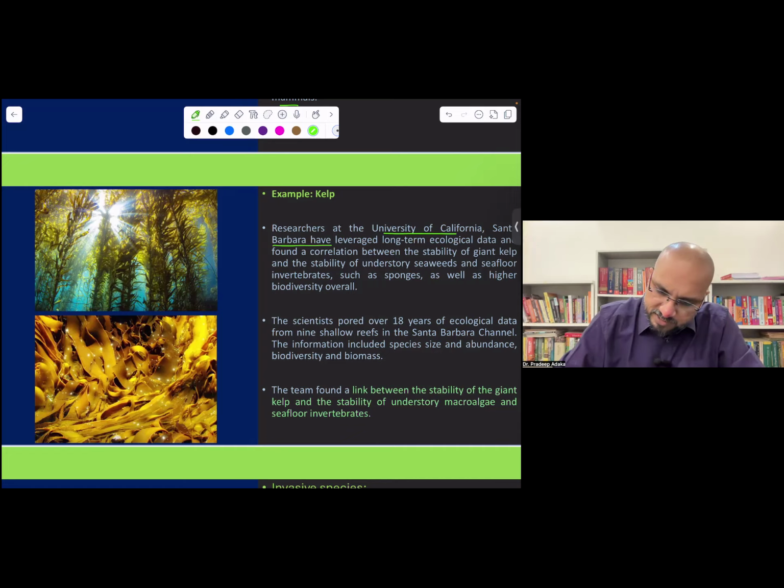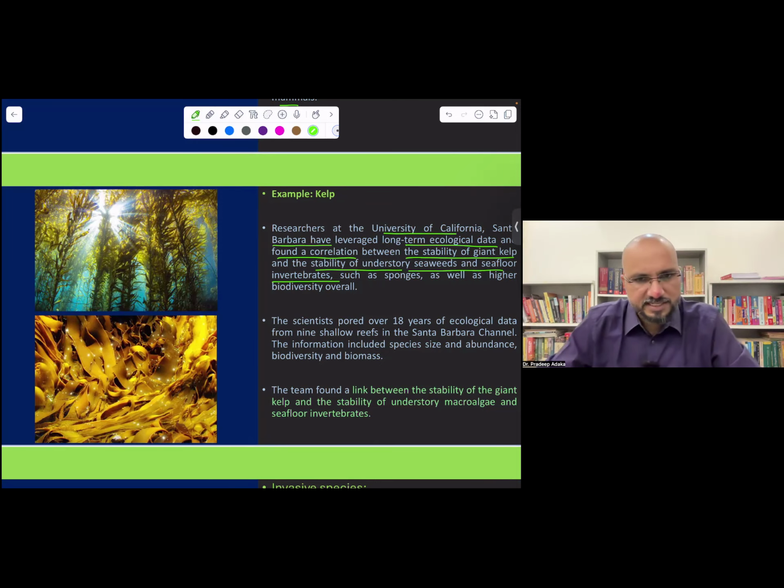They leveraged long term ecological data and found a correlation between stability of giant kelp and the stability of understory seaweeds and seafloor invertebrates such as sponges, as well as higher biodiversity overall. So they found a direct correlation. Correlation means they are related. Two factors are related. That is what you mean by correlation.